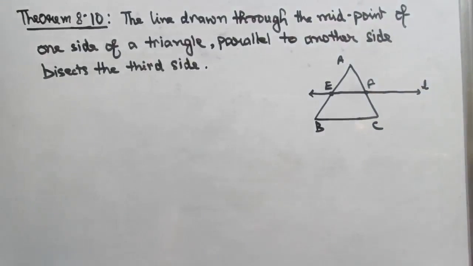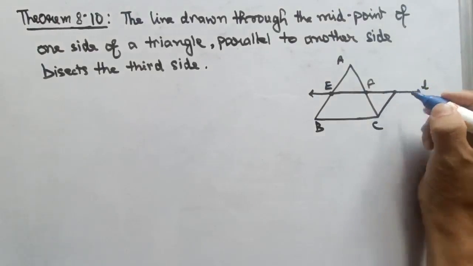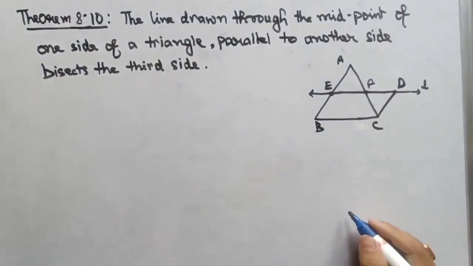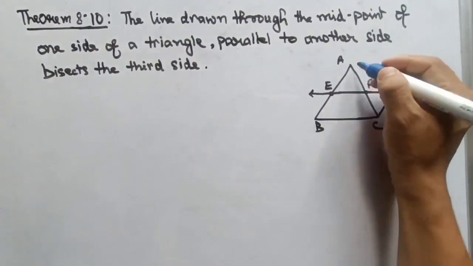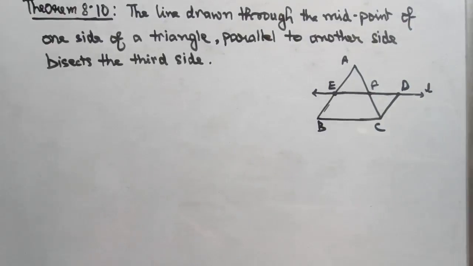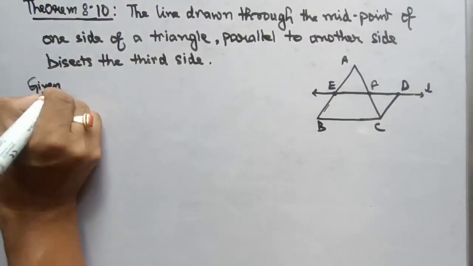So let us try to prove this theorem. To prove this theorem, we will construct a line CD parallel to AB. We draw a line segment CD parallel to AB. Now let us prove this theorem first. Let us write the given information.